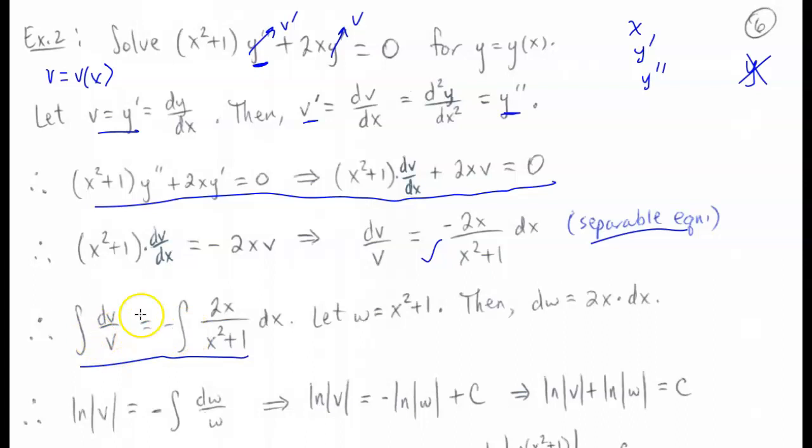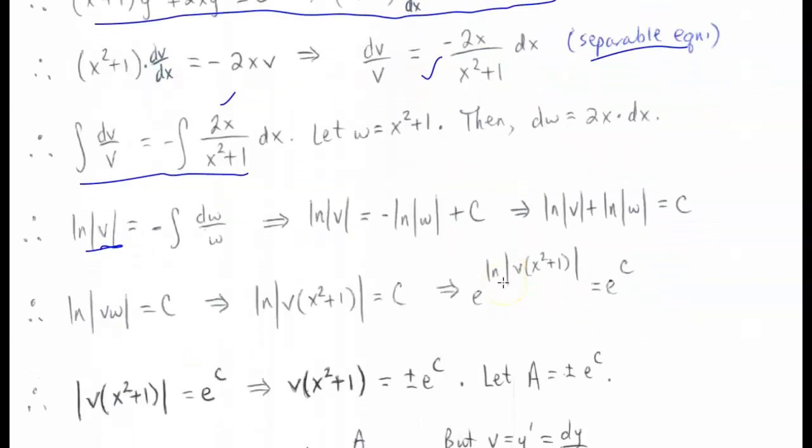When we do the indefinite integral on the left, it's just going to be natural log absolute value of v. When we do it on the right, we notice that we could use the substitution rule for integration. So we let the denominator be our substitution variable, which is w, take the derivative of w with respect to x, and we see that 2x dx can all be replaced by dw, okay?